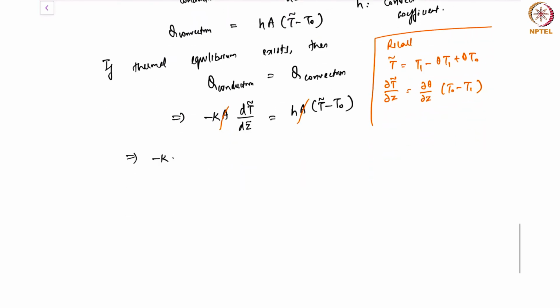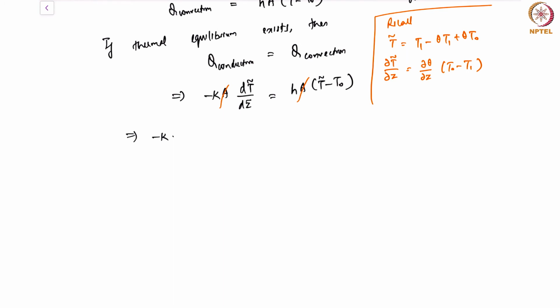Yeah, dT by dz will be T naught minus T1 del theta by del z hat, that tilde, this will be equal to h of T hat, that is T tilde, sorry, T1 minus theta T1 plus theta T naught.